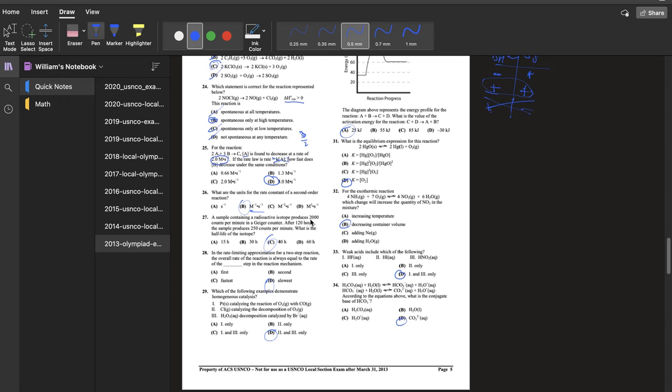So if you have 2000 to begin with, and you have 250 later, well, obviously you're dividing by 8, but it's the same thing as 2 to the third, so that means you've gone through 3 half-lives. Because, once again, I'm just going to reiterate that the counts per minute directly correlates with how much stuff has not decayed.